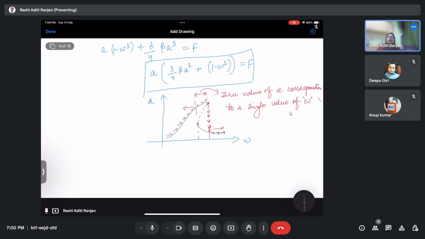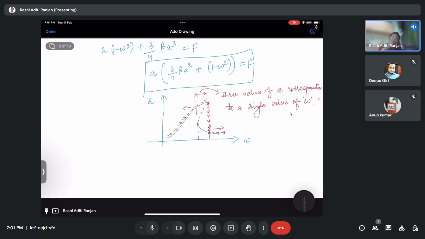This becomes an unstable solution. Okay, the system is going to jump from this point to this point, right? Now this is essentially the jump phenomena.